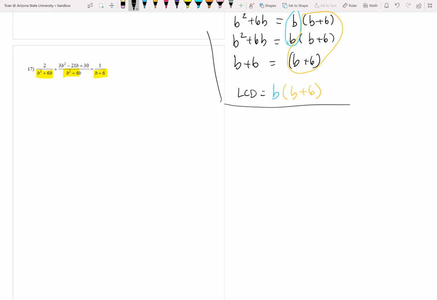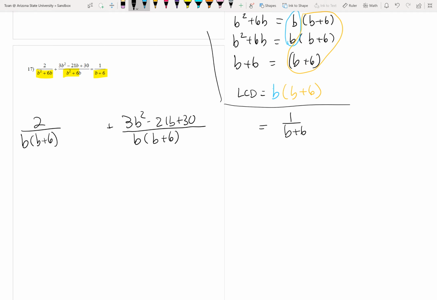So rewriting the problem with everything factored, 2 over b plus 6, give myself some space, plus 3b squared minus 21b plus 30 over b squared, rewrite it in factored form, b plus 6, giving myself some space, equals 1 over b plus 6.